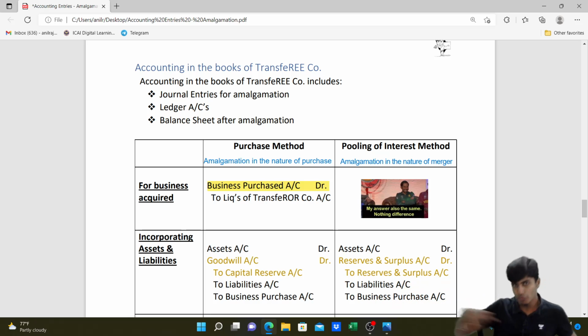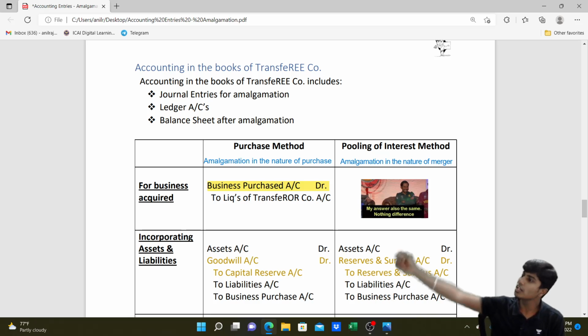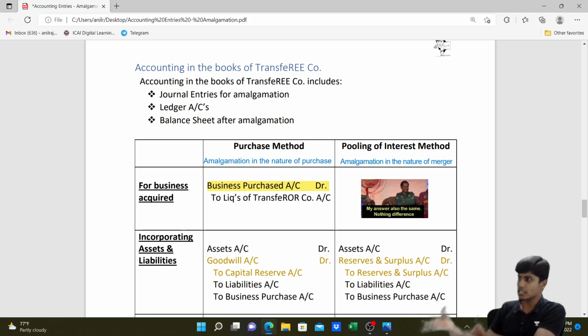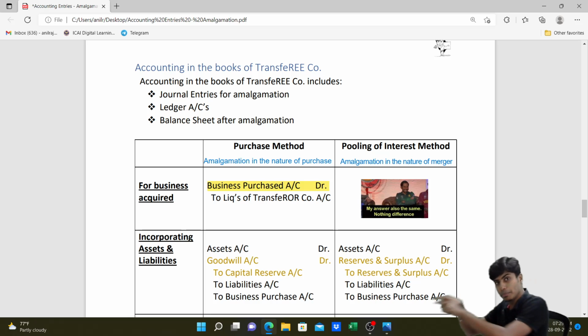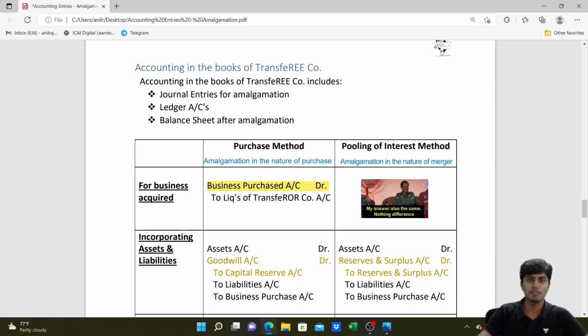That is the person to whom we should give the consideration, so that he will give to the shareholders of transferor company. So business purchase account debit because the business is received. Liquidators of transferor company account debit because we need to give PC to liquidators of transferor company. So what we receive is business purchase account debit, amount payable to liquidator, so we'll credit liquidator of transferor company account.